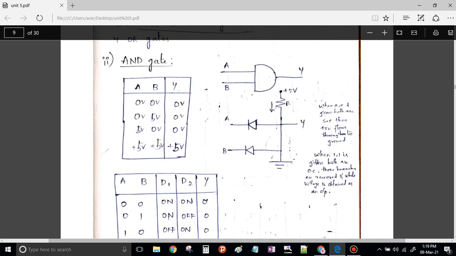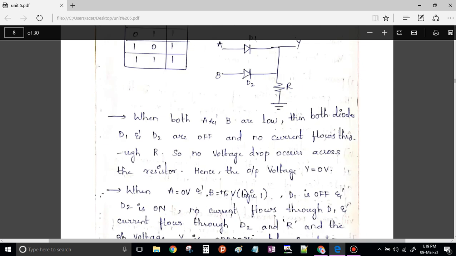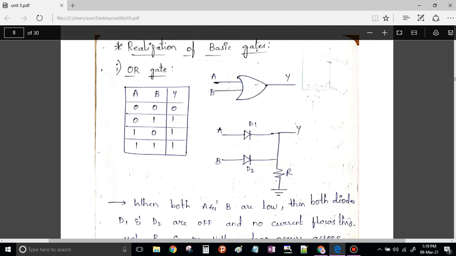Here, as this is a last minute preparation, I am not going into depth about what voltage the diodes are in forward bias or reverse bias, how much voltage drop there is across the diodes, and what the output voltage is, whether it is 5 or less than 5, what happens if both are high, or if both are low. I am just giving a generalized overview to make you understand what is what.